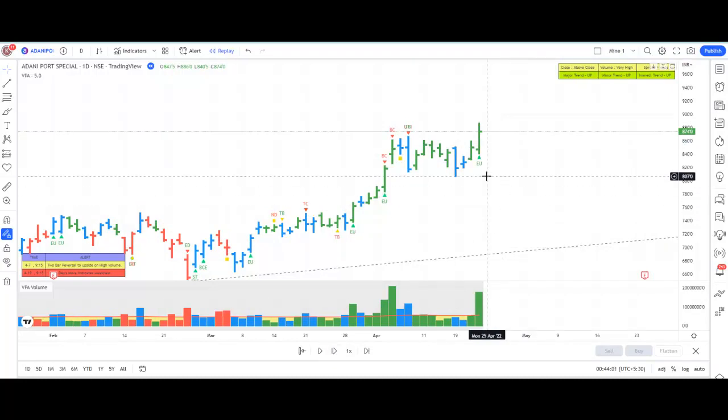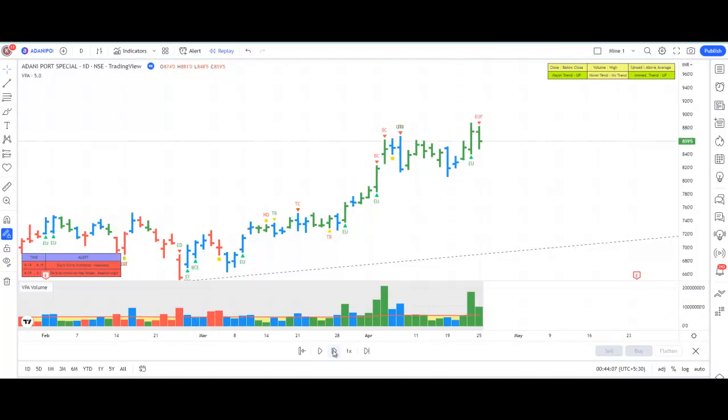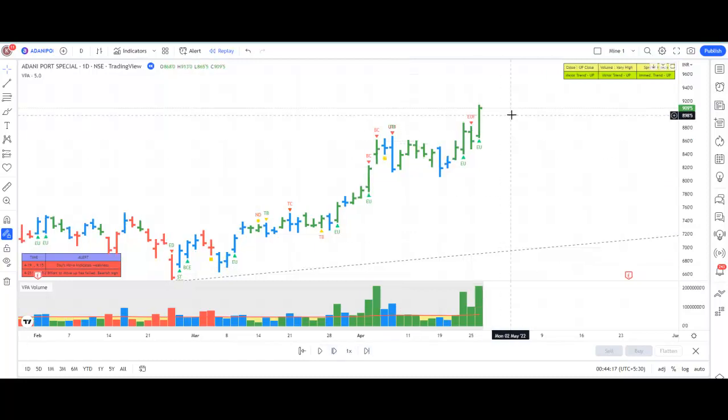Again, you have an effort to move up bar on very much increased volume. That effort to move up is trying to be defeated here, but one more effort to move up bar on increased volume. So the prices are being pushed up here.